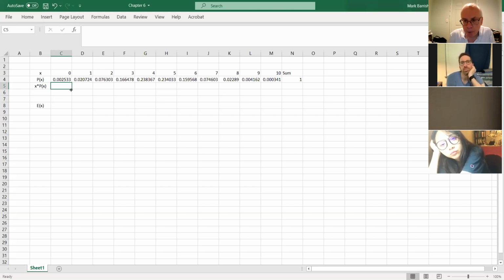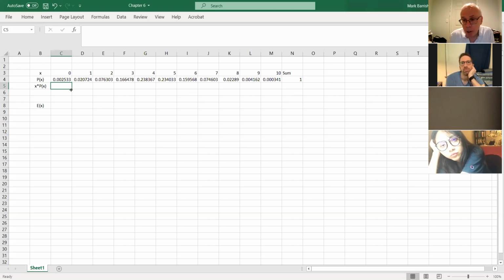And if you remember, the formula was the sum of the midpoints times the frequency divided by the sum of all the frequencies, right? Well, a particular frequency divided by the sum of all the frequencies is the relative frequency. Or, in this case, probability.